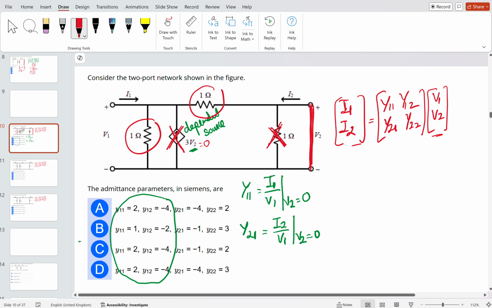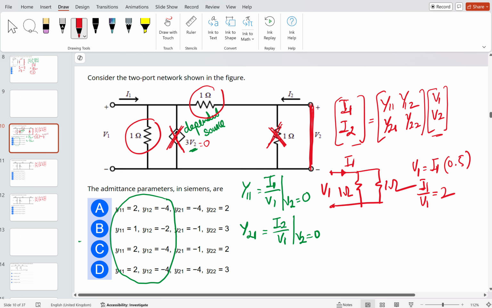The circuit will look something like this: this is 1 ohm and this is also 1 ohm, and this is V1 and this is I1. So V1 will become I1 times the parallel resistance, 1 by 2, that is 0.5. So I1 by V1 simply becomes 2. That is correct. That way y11 is simply 2.